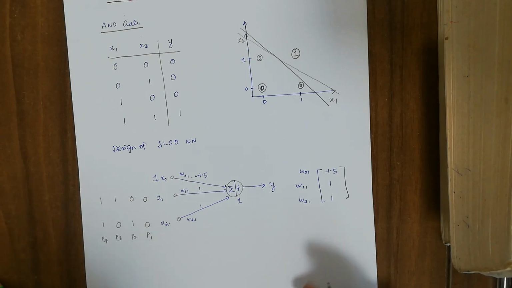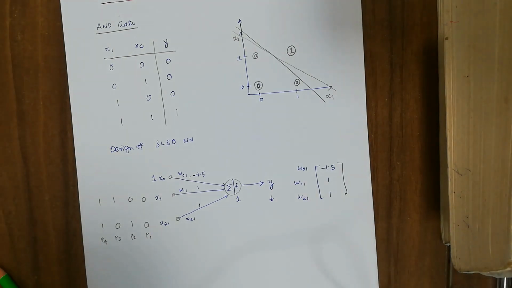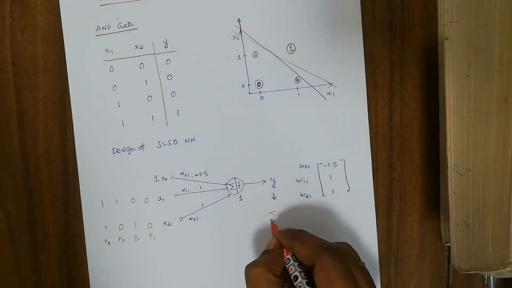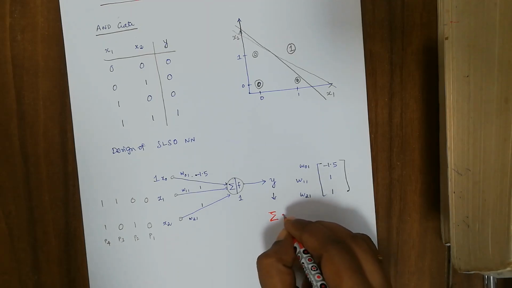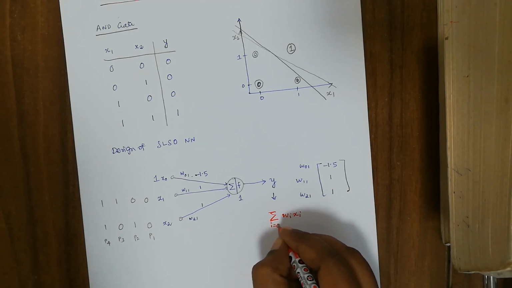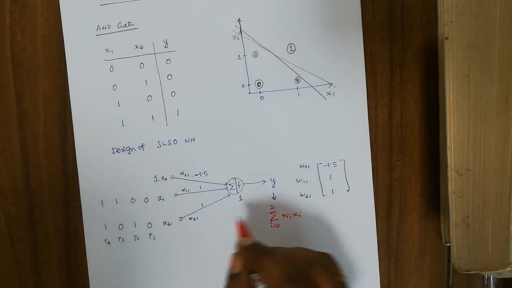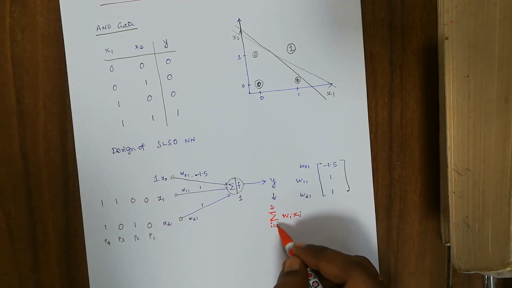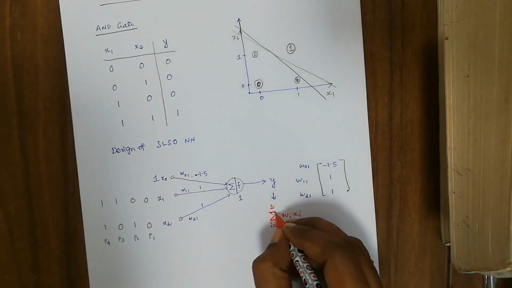And y takes the form of the summation of wi xi, where i ranges from 0 to 2. Index 0 includes the bias, and then 1 and 2. There are two feature components in the feature vector.